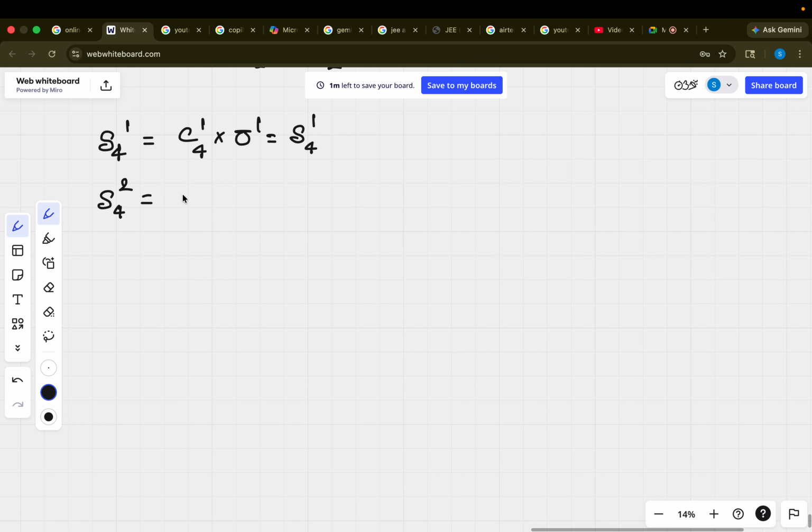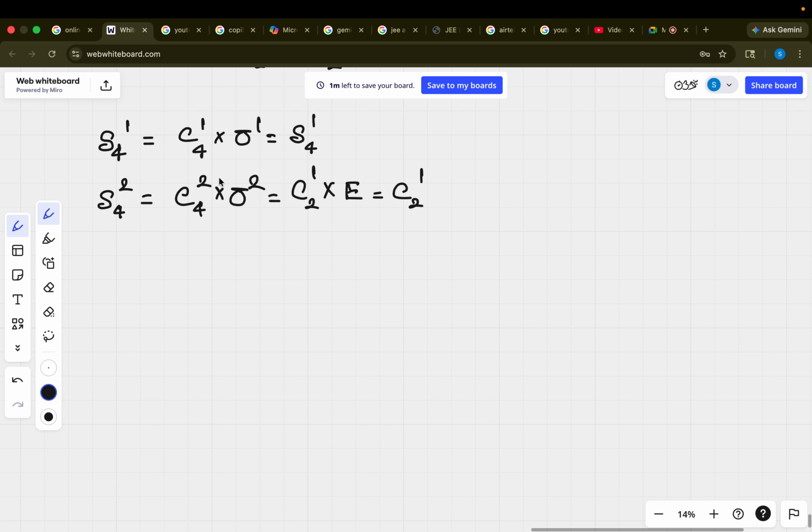That will be equal to C4 2 into sigma square. This C4 2 you can also write as C2 1, and sigma square is equal to E. So basically you get C2 1.